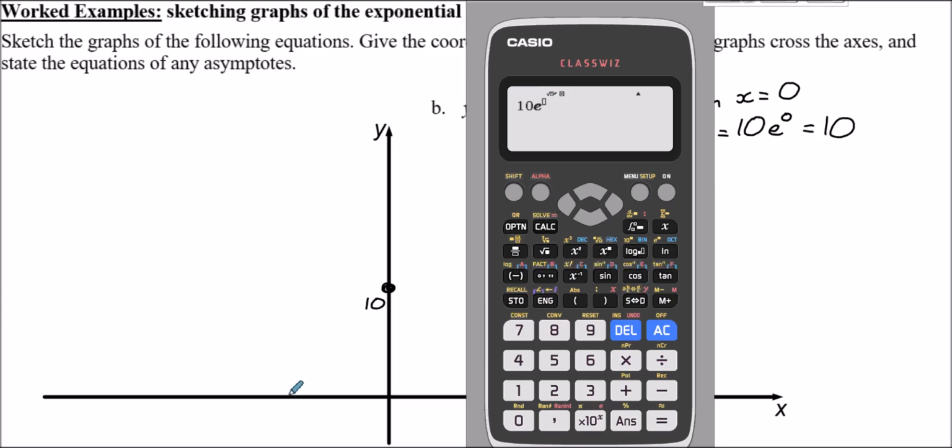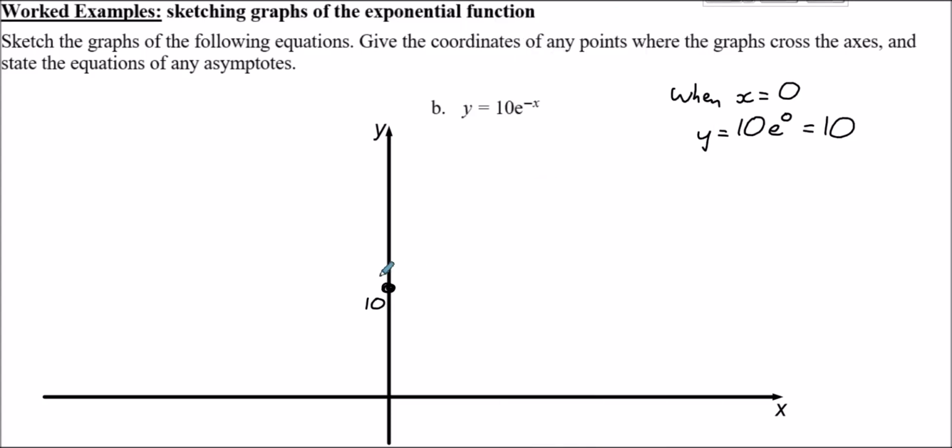So for example, when x is minus 5, that'll be 10e to the power minus 5, which is going to be pretty huge. And so the graph is going to be massive over here, but approaching 0 as x gets bigger and bigger. So the graph is going to look something like this.